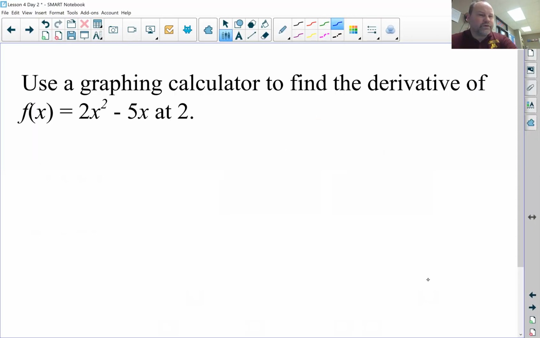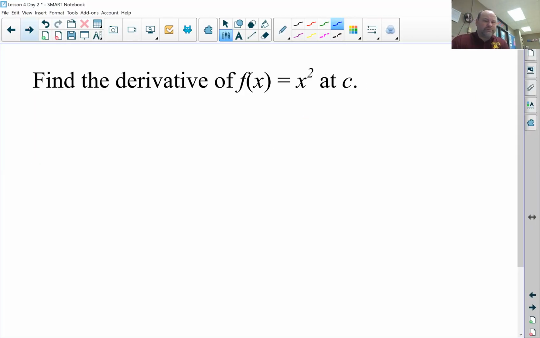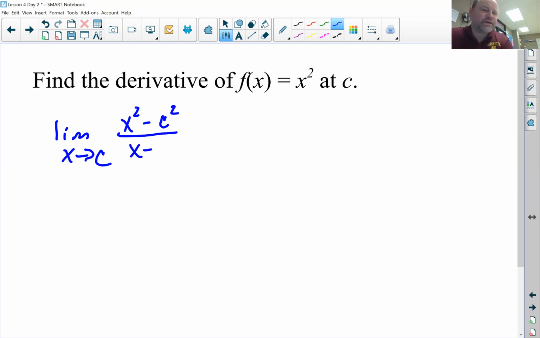One more thing we're going to look at just in general. What if I want to find the derivative of x squared at some value c, whatever c happens to be? I'm going to do this one by the definition. I can't use my calculator because I don't know what c is. I take f of x minus f of c. So if I plug c in for x, I would get c squared, over x minus c.